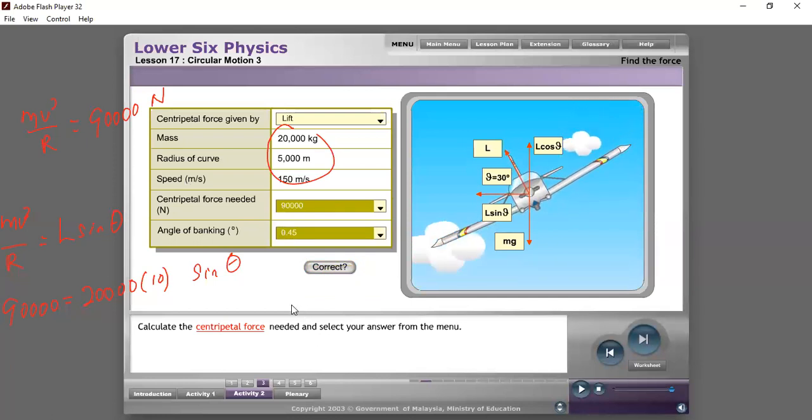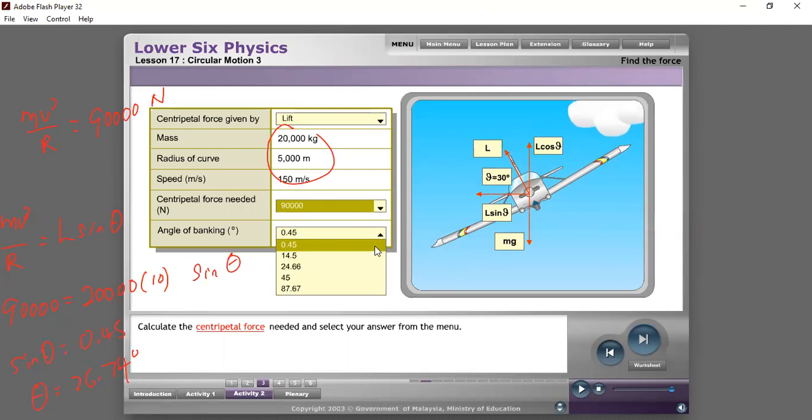0.45, correct? Why wrong? Okay, let me see. Sin delta equal to 0.45. If shift sin answer, we get that the angle is equal to 26.74 degrees.